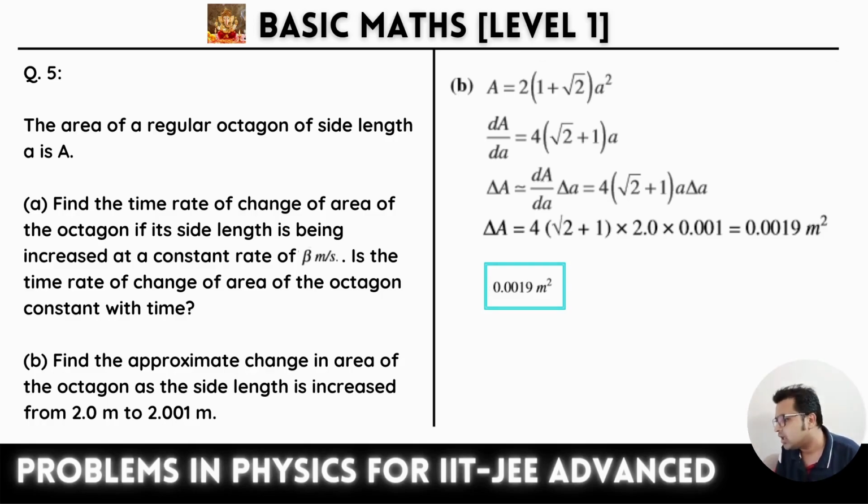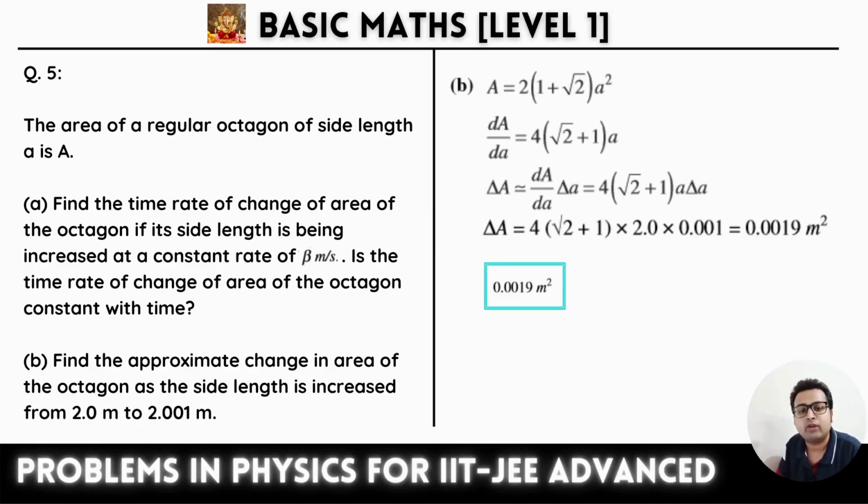The fast method is, you have this area, you just do dA by da, meaning change of area with respect to change of side. It is very understandable, because when the side changes, the area changes.